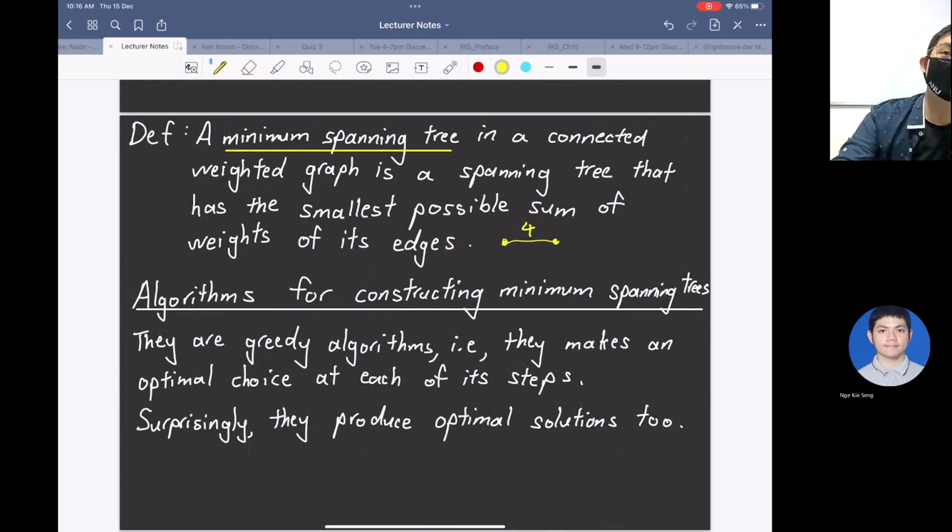But it turns out that it is still optimal for the overall process. Okay? Because in general, it is not true that if you make an optimal choice at each step, you get an optimal result in the end. Okay? This is not true. But in this case, these two algorithms can produce the optimal final answer.